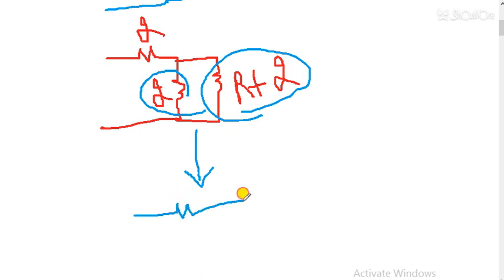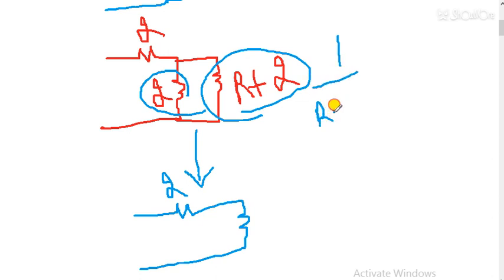This is 2 in parallel combination. So here 2 and this parallel combination, its value is 1 by R plus 2 plus 1 by 2.